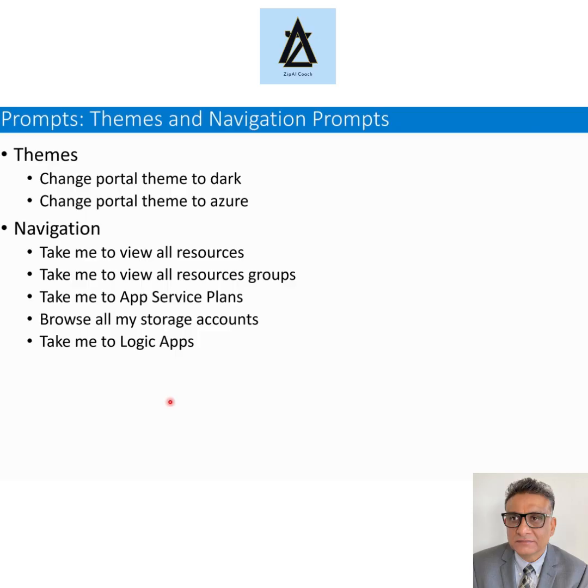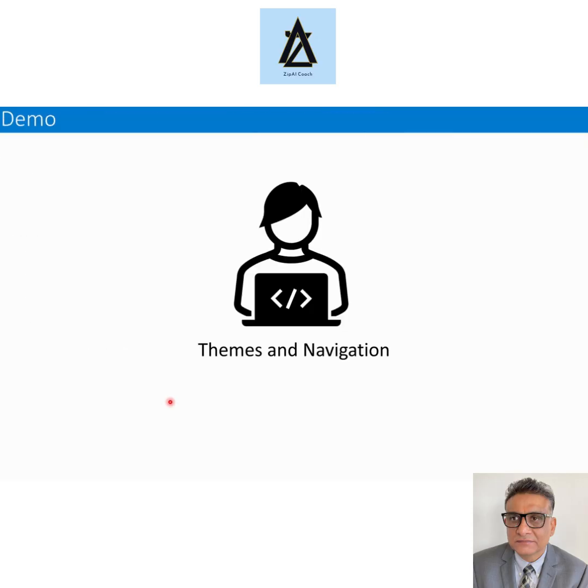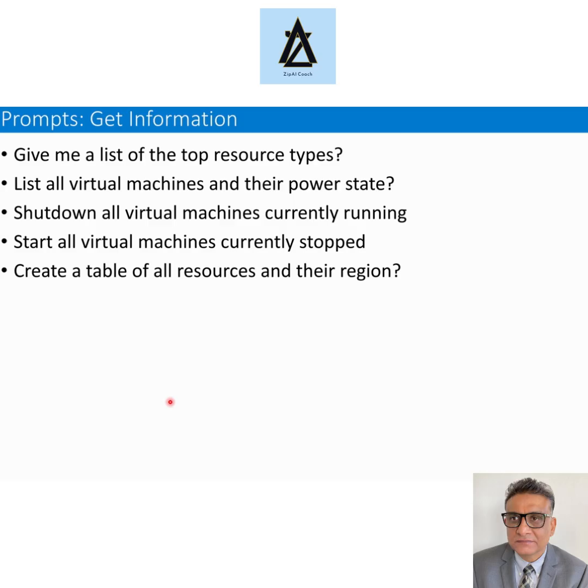You'll find prompts that can help you with themes and navigation. Themes is when you want to change portal settings, color. Navigation is when you want to switch to a particular resource on Azure. We'll see that.